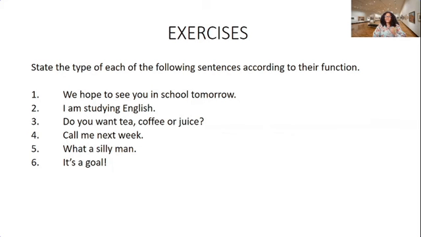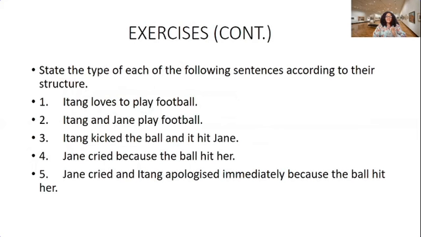Let me do the first one for you. "We hope to see you in school tomorrow." That's a declaration. Now take down the remaining five and attempt to do that. How about attempting to identify the type of sentence according to structure? The first one, "Ethan loves to play football." Simple sentence.